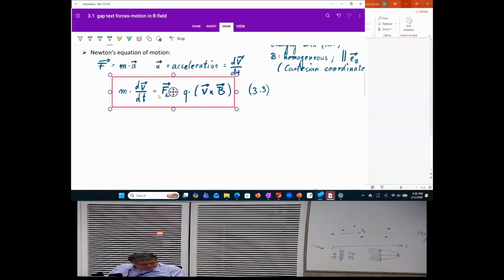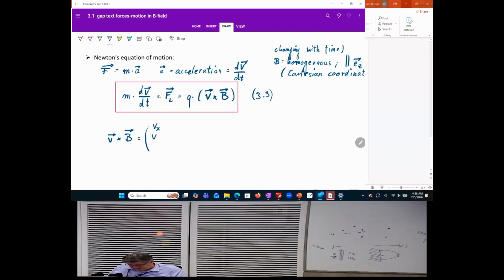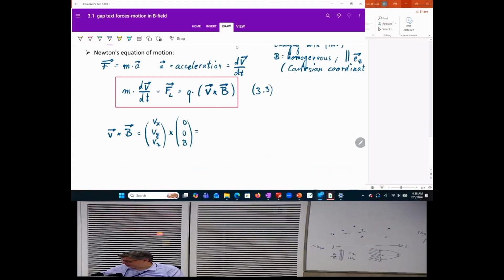So you have the v cross b, that is vx, vy, vz, the components, and you take the cross product. Now we say our x component of b is 0 and the y component is also 0. Then you obtain for the x component vy times b, minus this one, but this is vanishing.